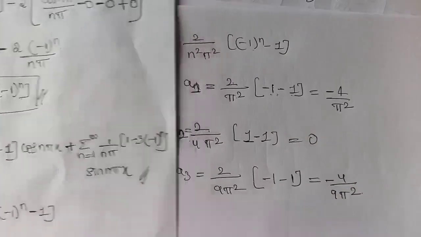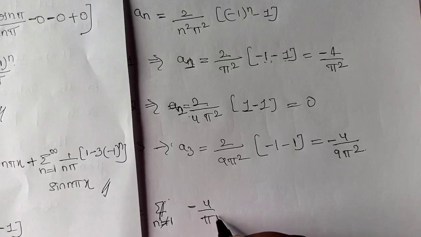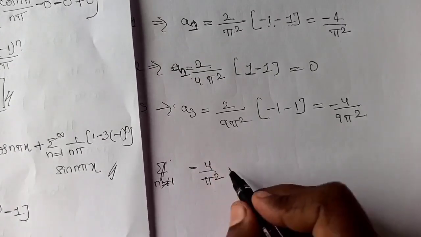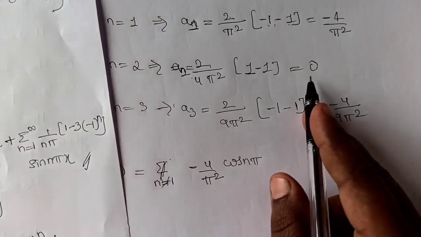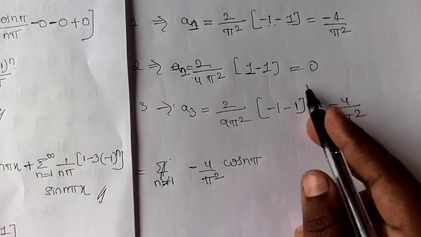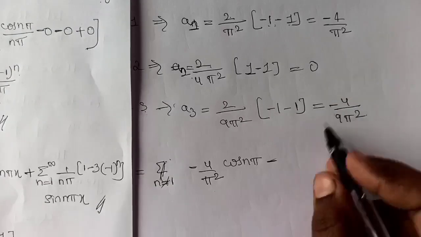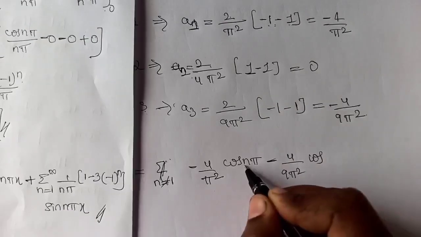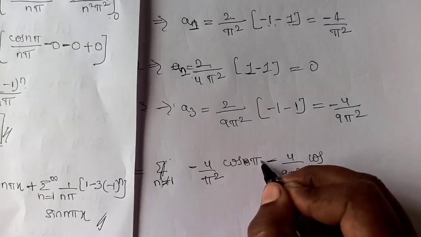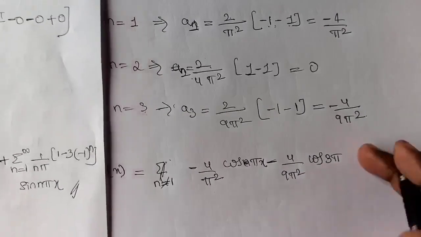Substituting those values, we get minus 4 by pi square cos of pi x. Next, plus for n equals 2 we got 0, so the total becomes 0. For n equals 3, it is minus 4 by 9 pi square cos of 3 pi x. Like this we get the values.